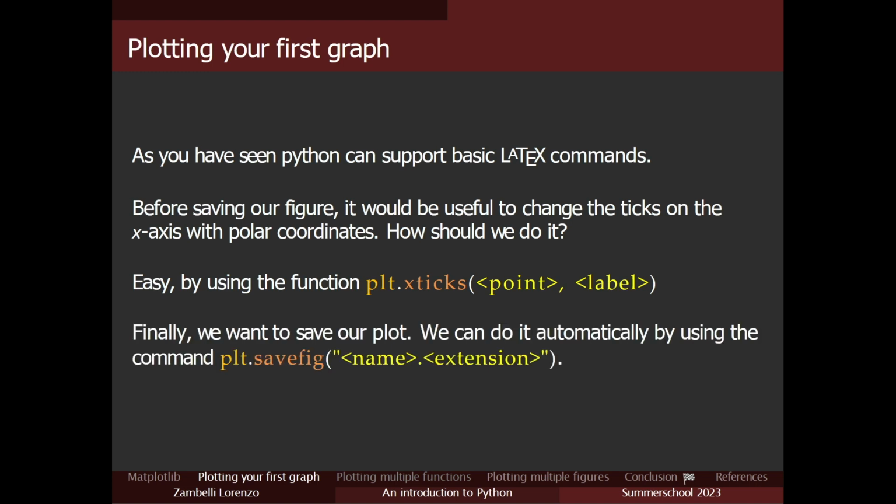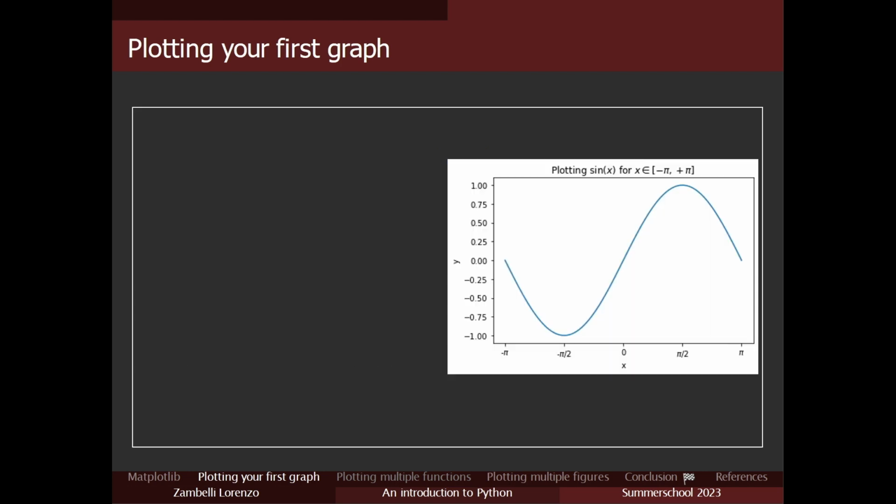Then we also want to save the figure with some name. So we use the savefig function with the name and then the extension we want to save it in.